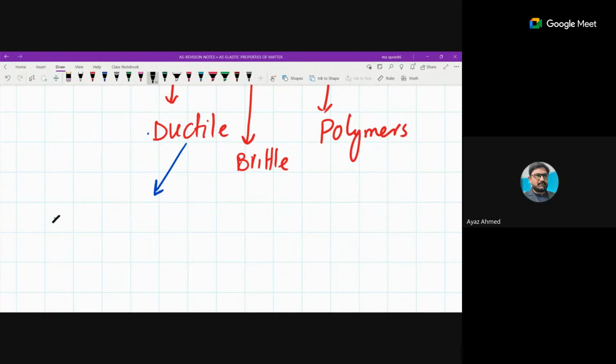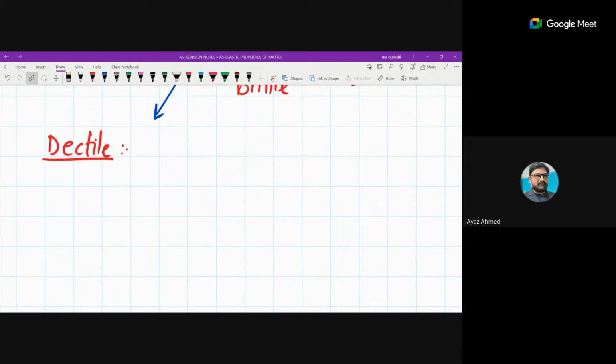I'm just going to write it. Are the spellings correct? Ductile. What is their property? During loading, loading is basically the process of extension.